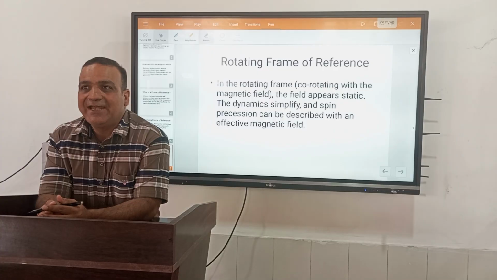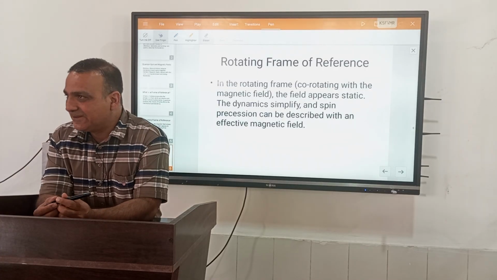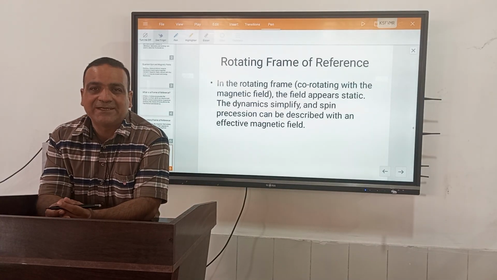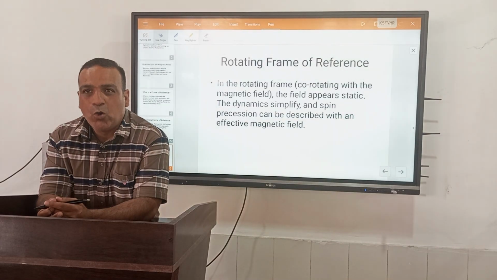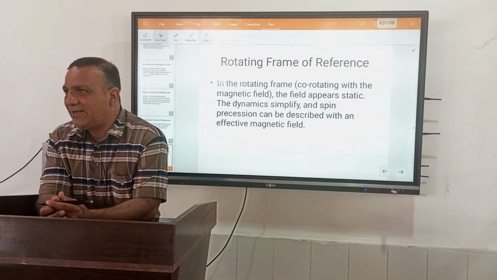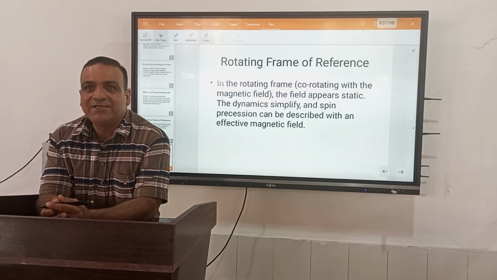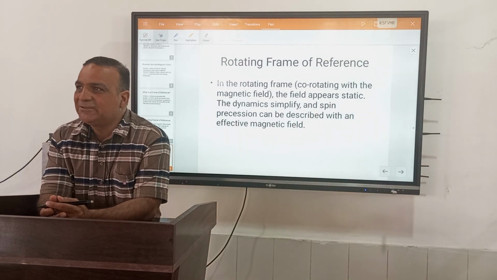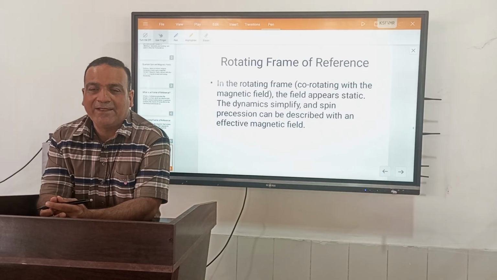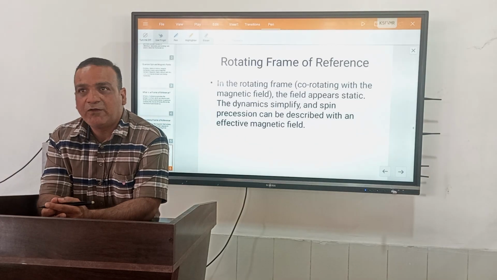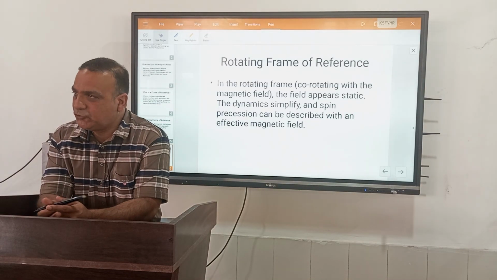Our quantum mechanical system is the spin, the spin that is assigned to an electron. The electron has its own intrinsic angular momentum, and this intrinsic angular momentum gives what we call a magnetic field as a result of the magnetic moment of the electron.